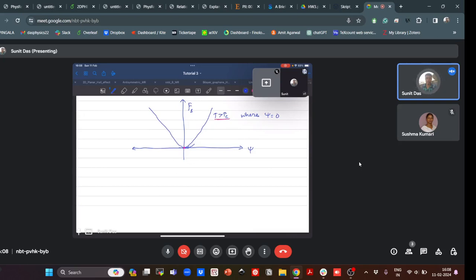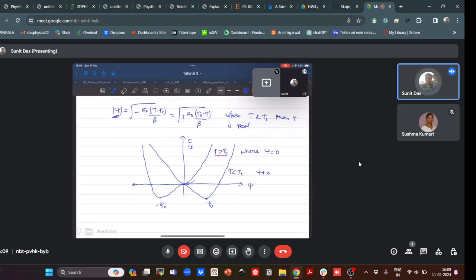Now, if we have T less than Tc, then we had a solution of this form, where psi is not equal to 0. We had psi 0, and this is minus psi 0, because this was mod psi, remember.